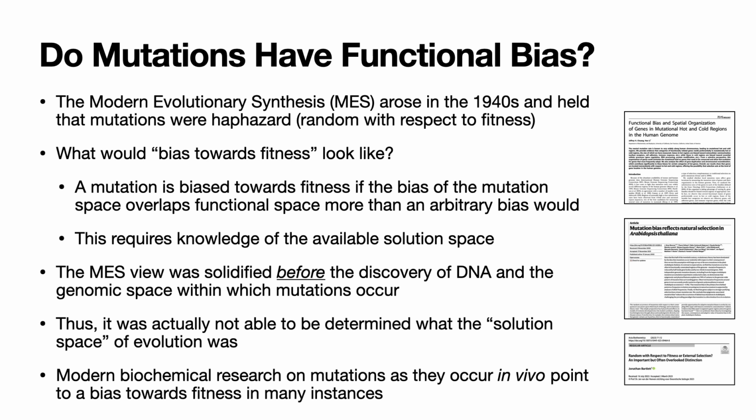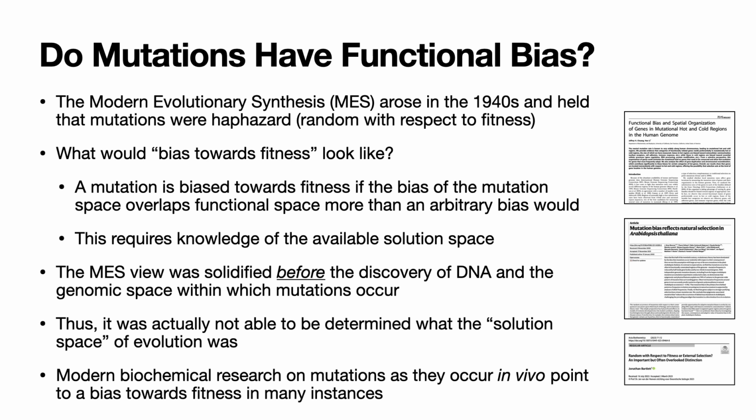But the question is, what would bias towards fitness actually look like? A mutation is biased towards fitness if the bias of the mutation space overlaps functional space more than an arbitrary bias would. This requires knowledge of the available solution space, but the modern synthesis was actually solidified before the discovery of DNA, and therefore before the discovery of the genomic space within which mutations occur.